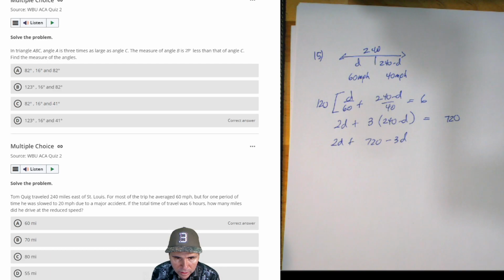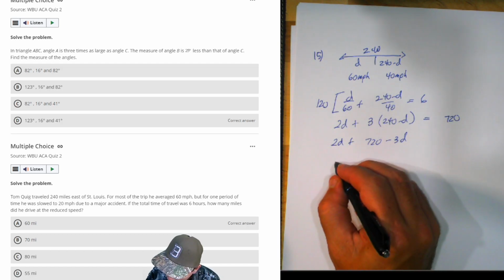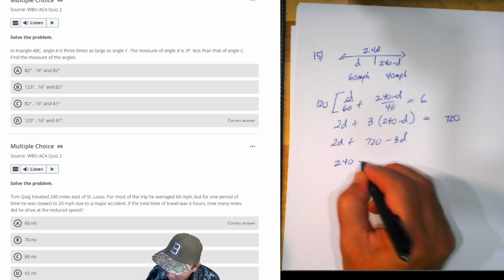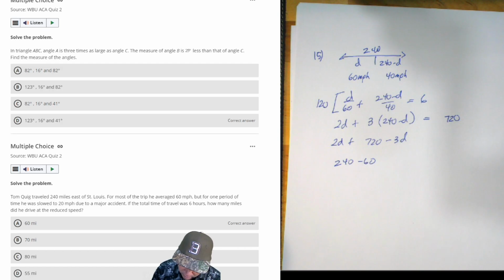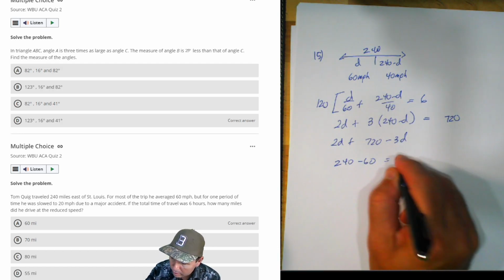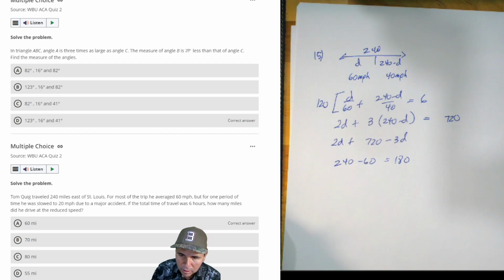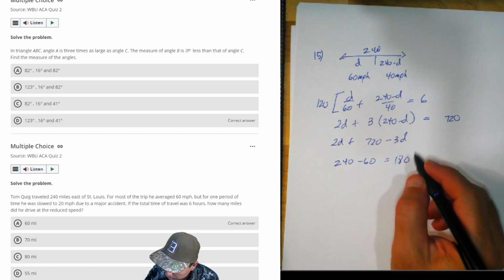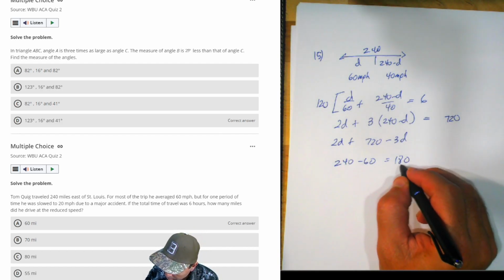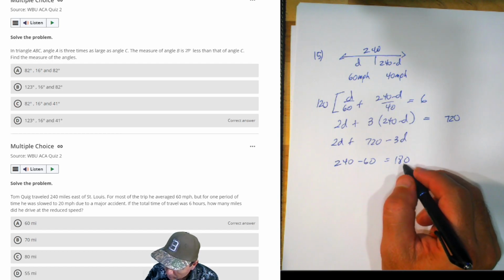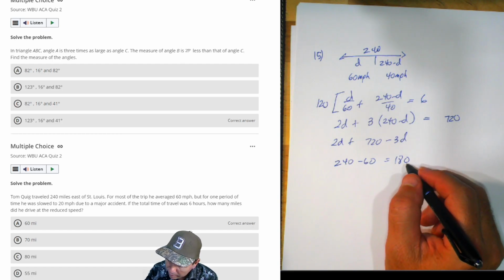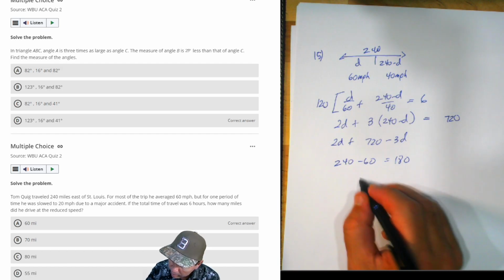So this is saying that they travel 60 miles at the reduced speed. So that means 240 minus 60 is going to give me 180. That means he traveled 180 miles at 60 miles per hour.